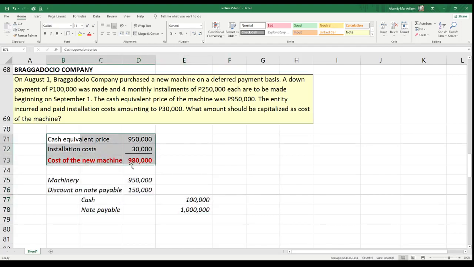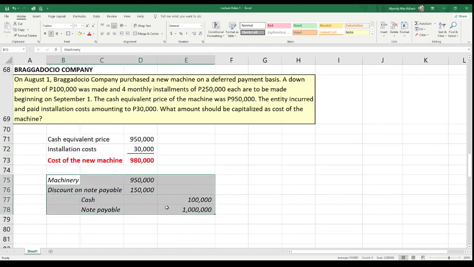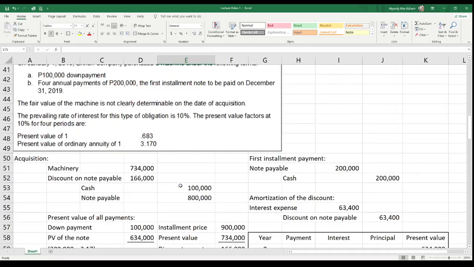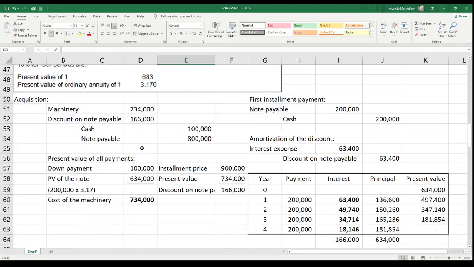But just for you to remember the journal entry, I am presenting to you the journal entry on the date of acquisition. As to the subsequent dates, such as the date of payment, it is up to you. You may also practice it on your own, based on my discussion on the previous problems.